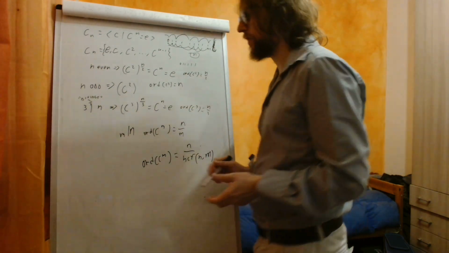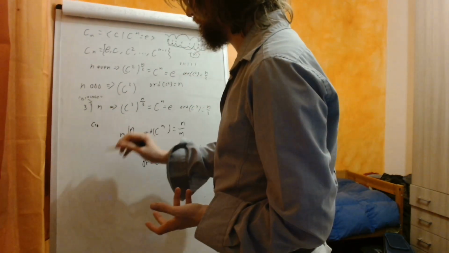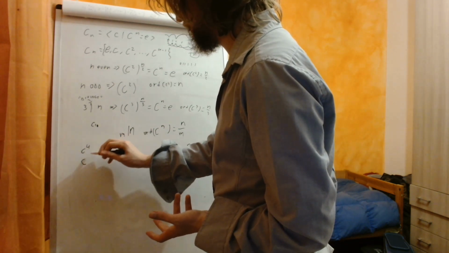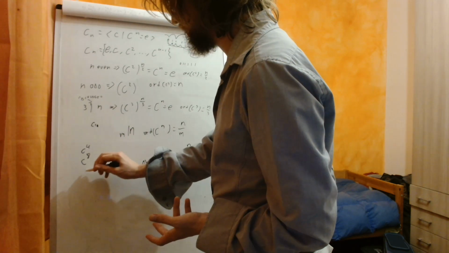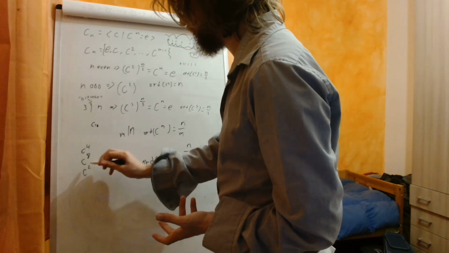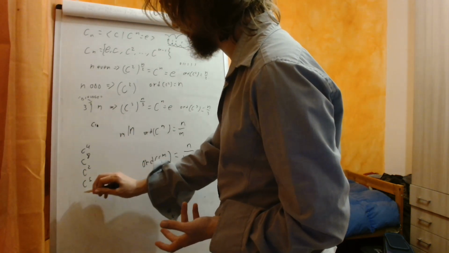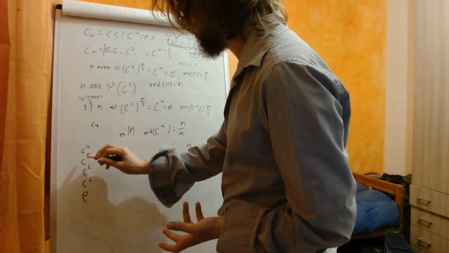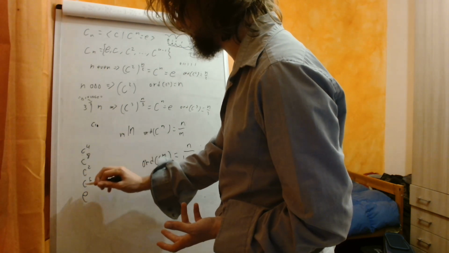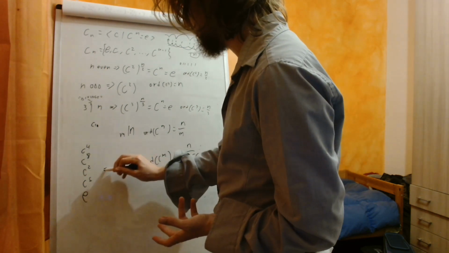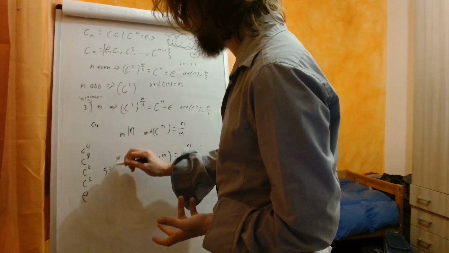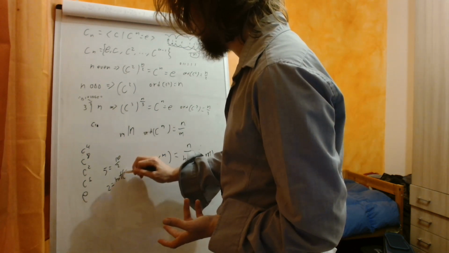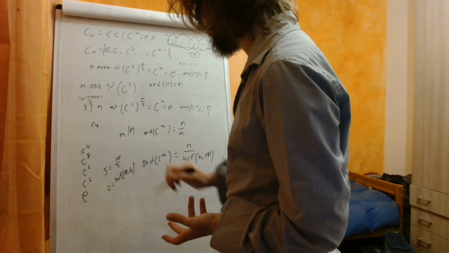For example, in C10, the order of c to the 4 is where you do c to the 4, c to the 8, then you get c to the 2, then c to the 6, and then c to the 10, which is e. So the order of c to the 4 is 1, 2, 3, 4, 5, is 5, which is 10 divided by 2, and 2 is the highest common factor between 10 and 4.